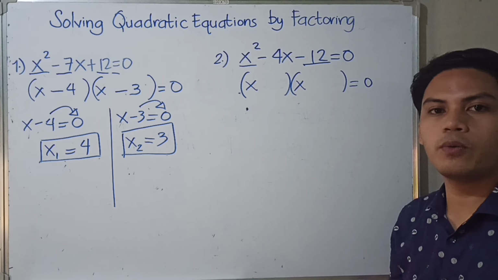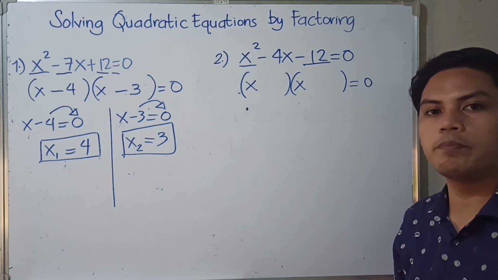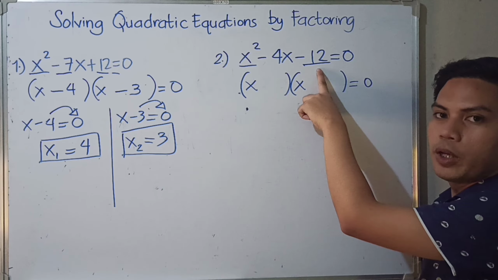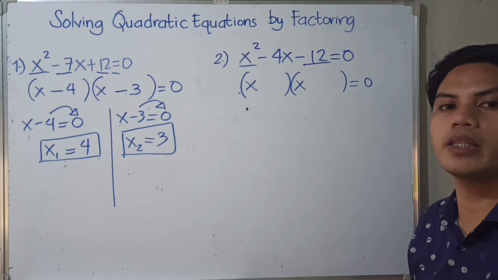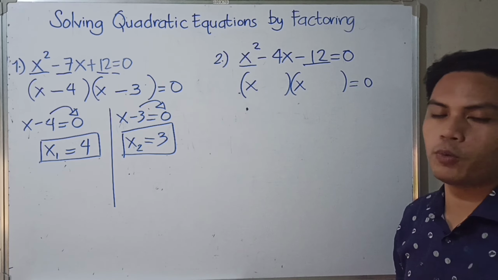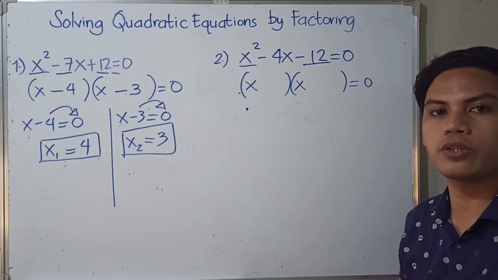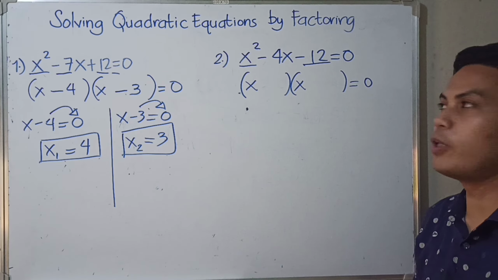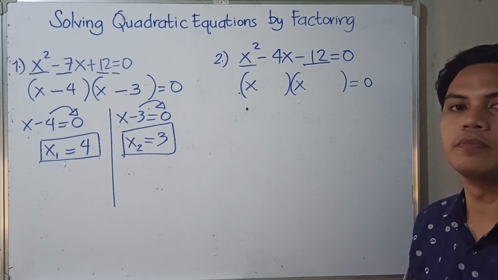So, isip tayo ng dalawang numbers na kung saan pag minultiply natin sila, magiging equal to negative 12. At pag kinombine naman natin sila, magiging negative 4. So, same sa number 1, we have a lot of factors. Okay. So, ano kaya yung dalawang factors na pag minultiply natin, magiging negative 12?